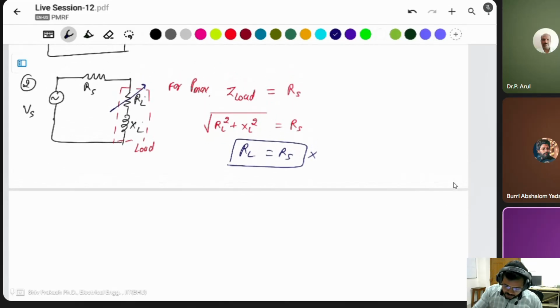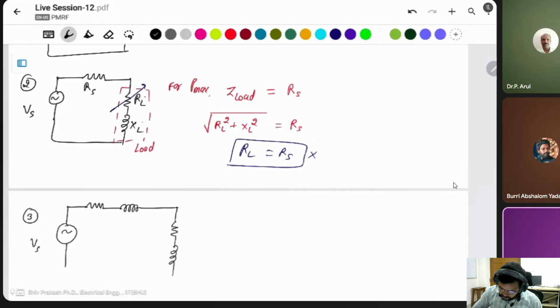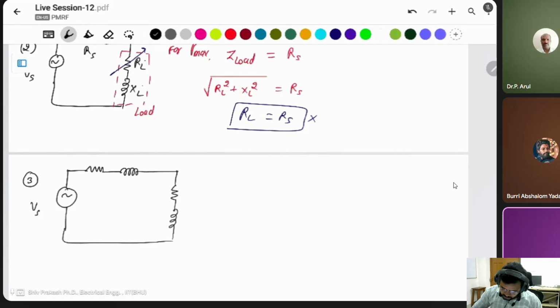Okay. Suppose third case, RS, XS, RL, XL.